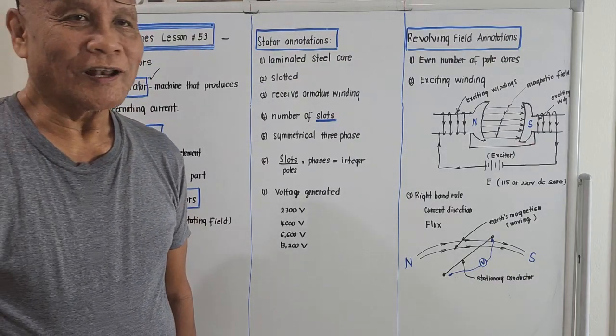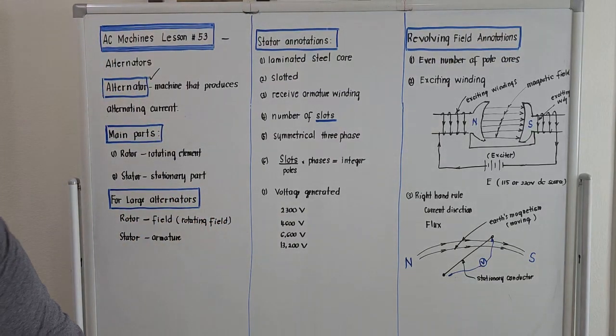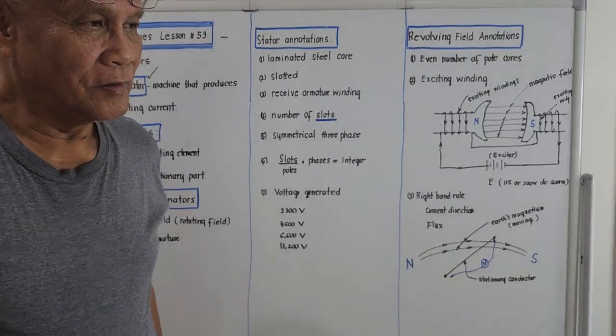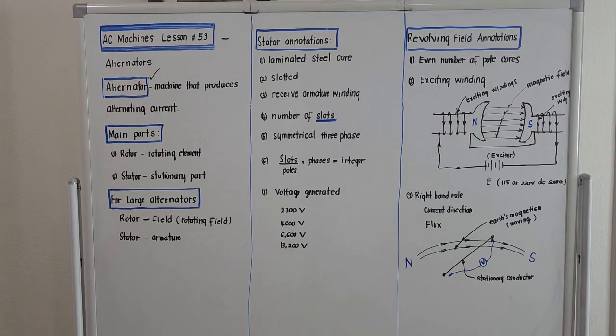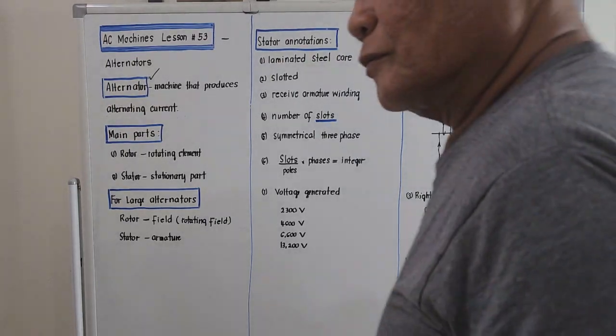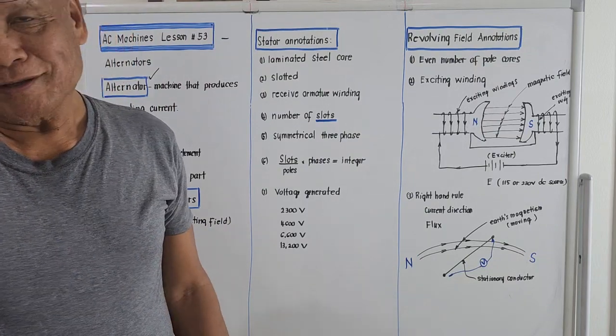Because to produce an alternating current, there are only two requirements.